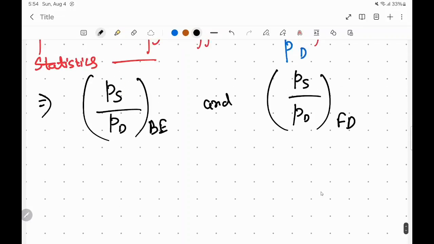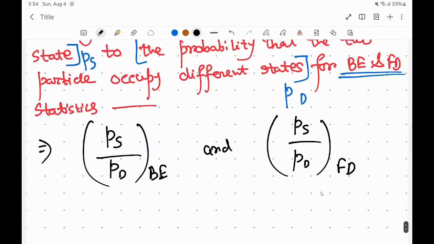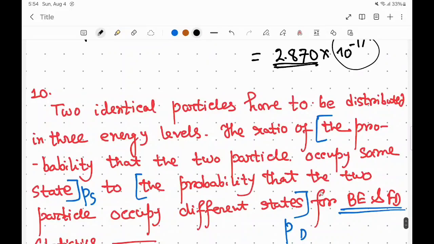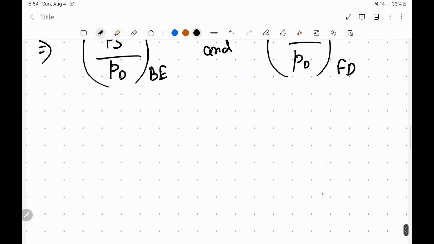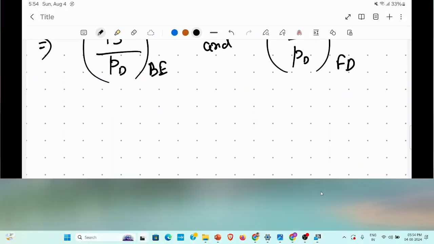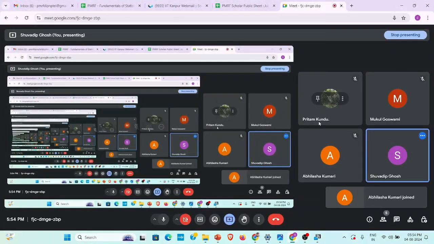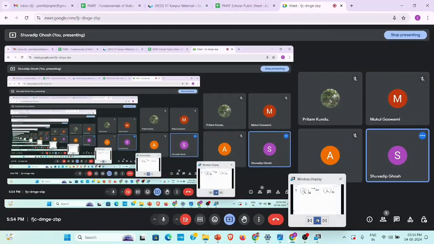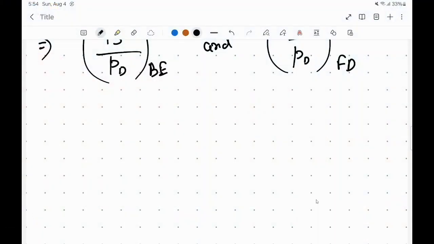Now two identical particles are there and three energy levels are there. We don't know the value of energies, and we know two particles are there.